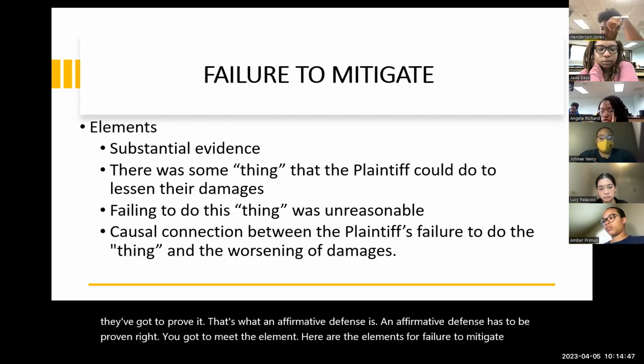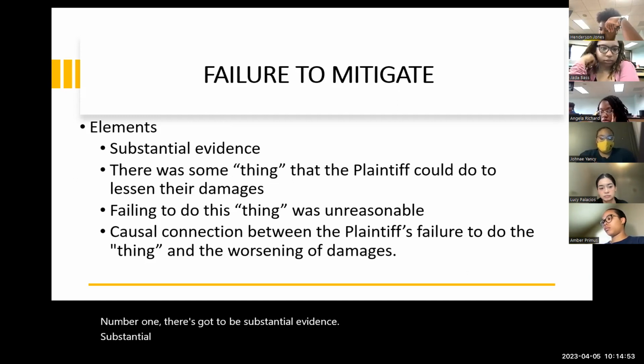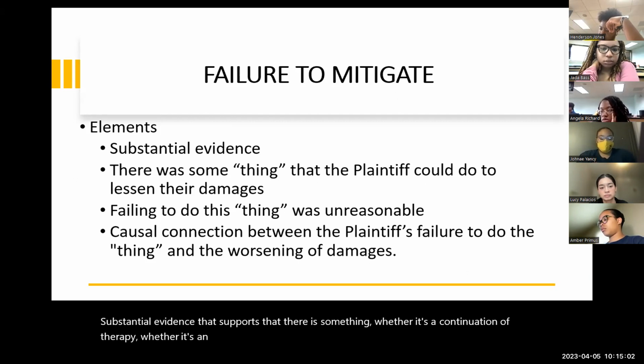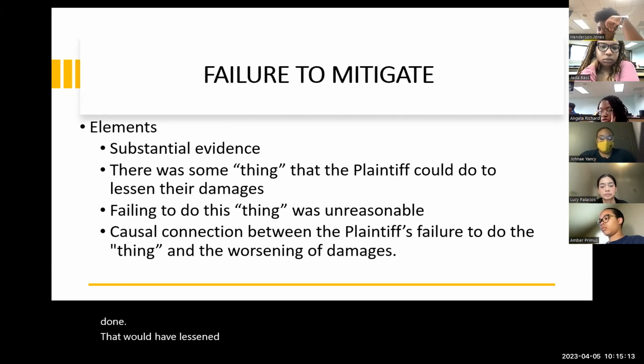Number 1, there's got to be substantial evidence that supports that there is something, whether it's a continuation of therapy, whether it's an election of surgery, it's got to be something that the plaintiff could have done that would have lessened, or that would have prevented the increase of the damages.